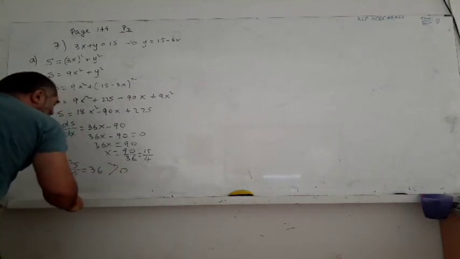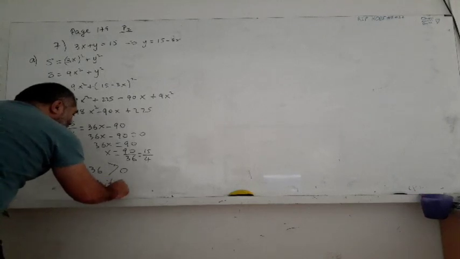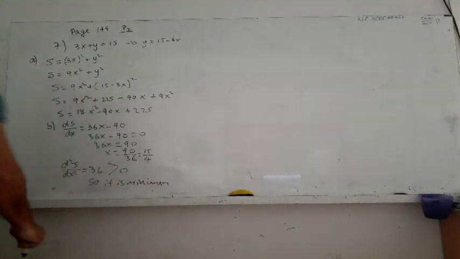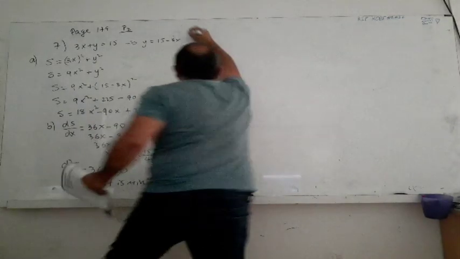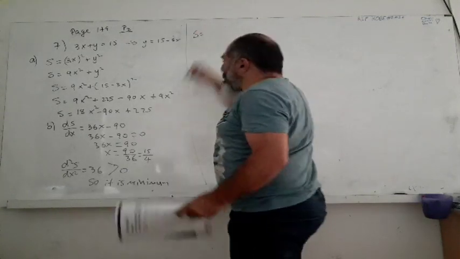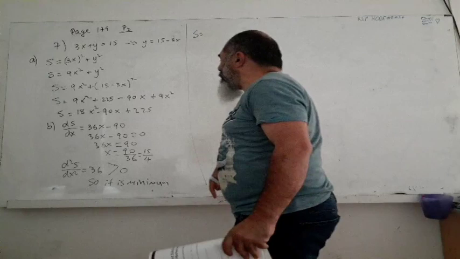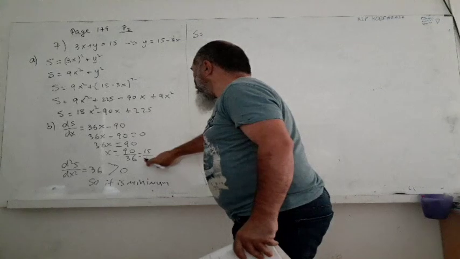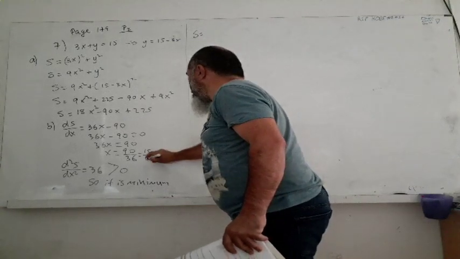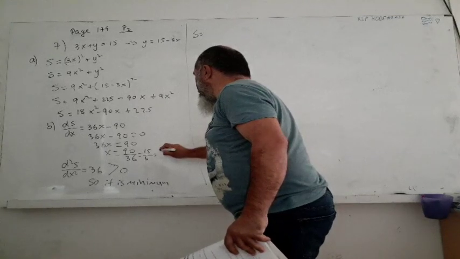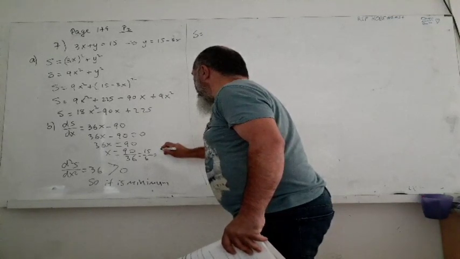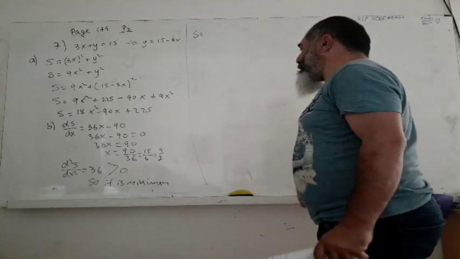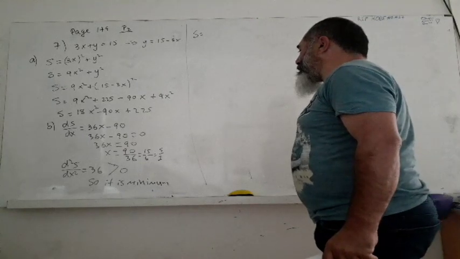So it is minimum, and to be able to find the value for s, substitute 15 over 4, x is 2.5 there.